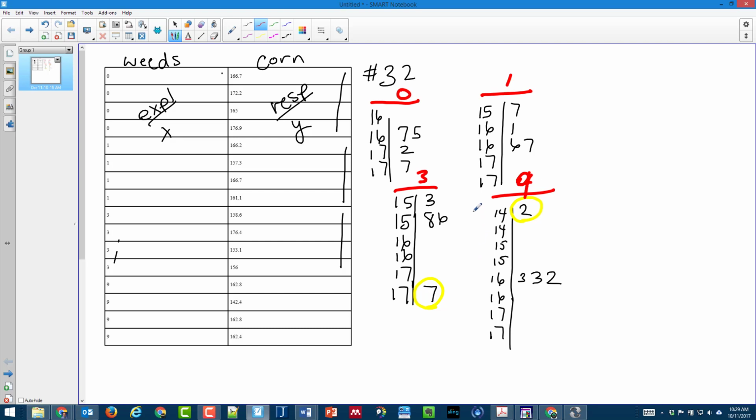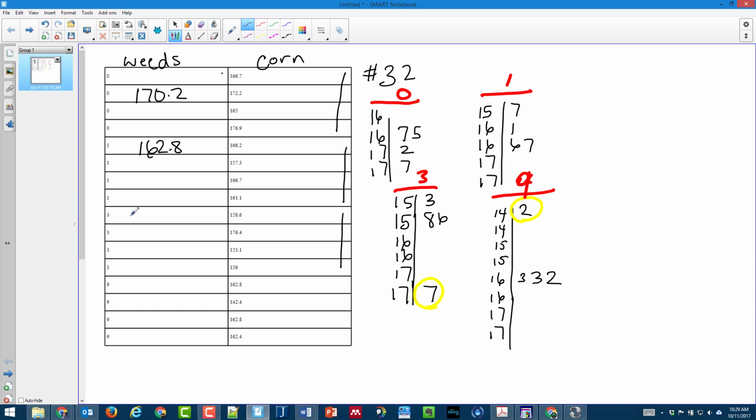All right, the next thing that it asks is give the mean yield for each group using the unrounded data. So just plug these into a calculator, and the mean yield for each of the groups, and I'm going to write them up here so I can see it. The mean yield for the 0s ended up being 170.2. For the 1s was 162.8.